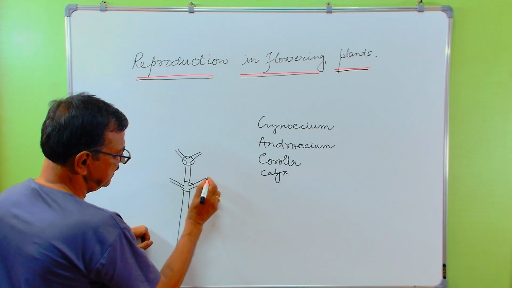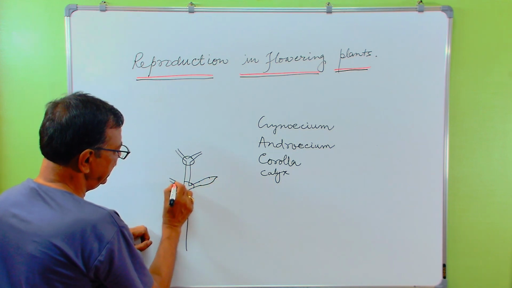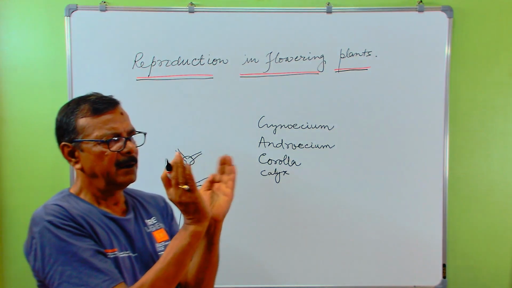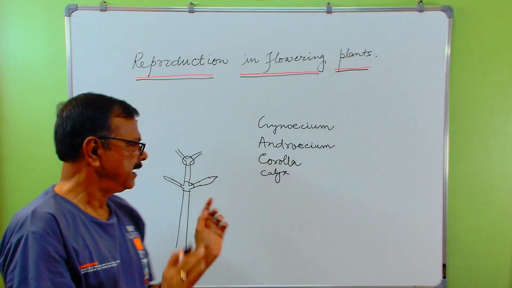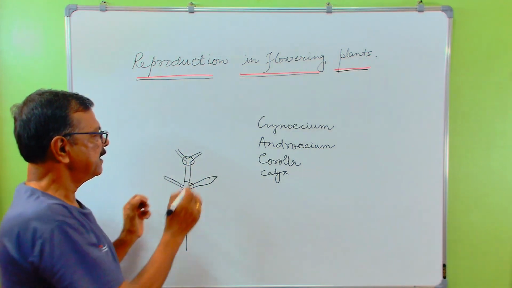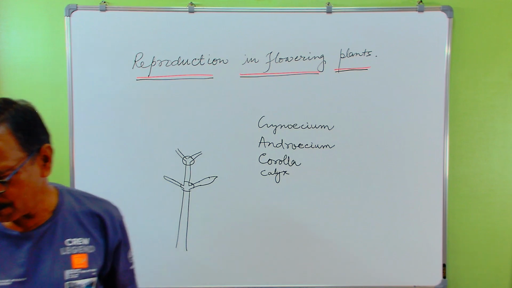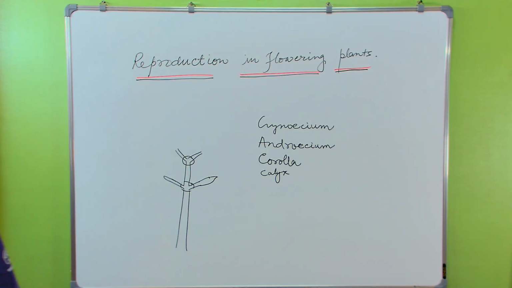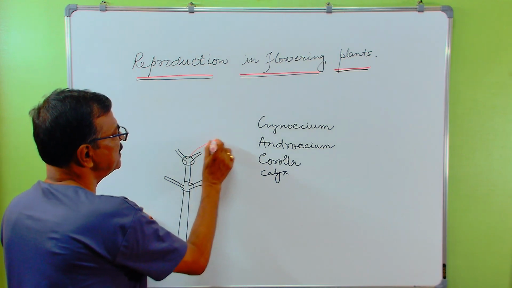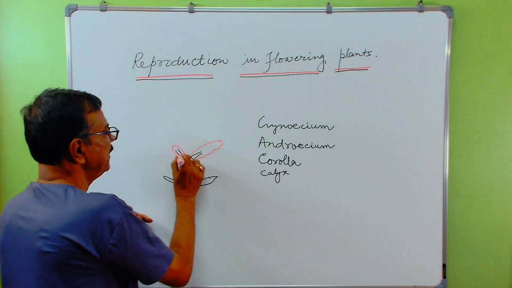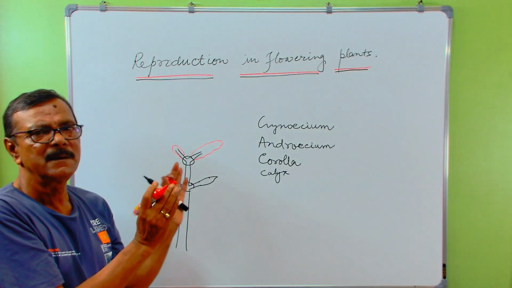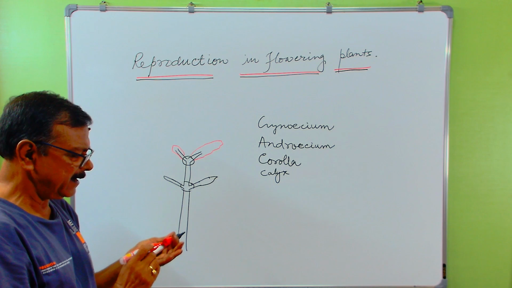it is calyx. Calyx are green in color and they encircle the entire stem. Then comes the corolla. Corolla is a colored one. It is green in color or corolla is red in color. It also encloses the entire stem. Calyx, corolla.